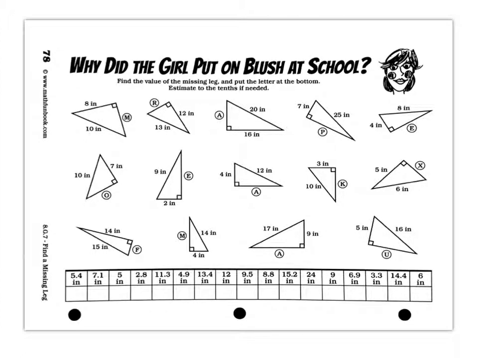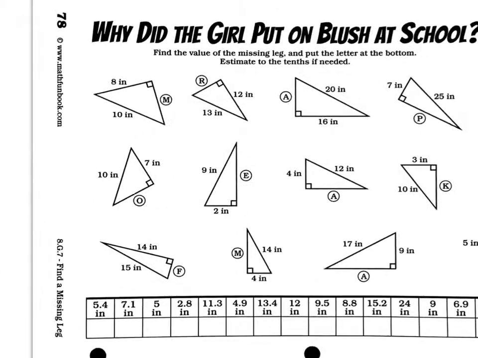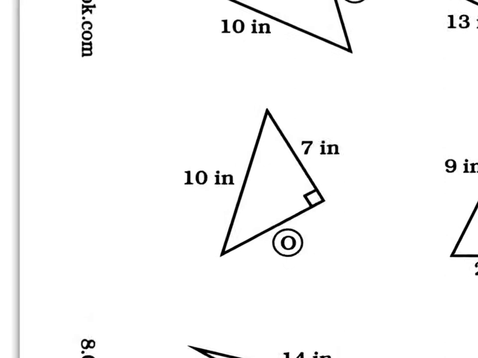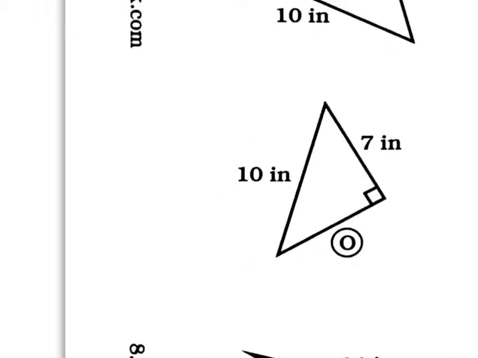I'm going to do one of the problems here. Remember that we're trying to find the missing length of the side. So let's do the same problem. I'm going to do the second one down on that left side, and that is this one right here, the letter O. The right angle is located here, which means that this is our leg, the 7, and then this is our other leg.